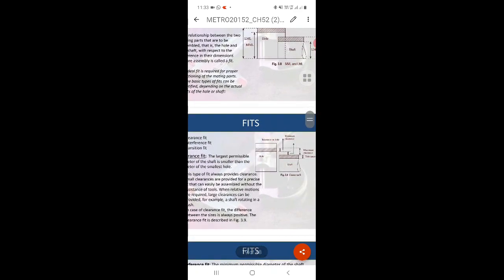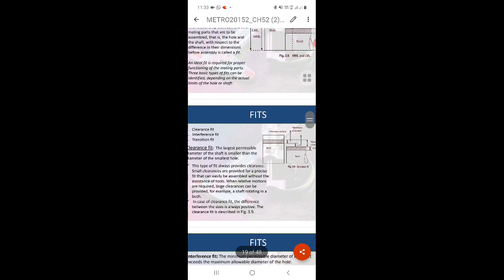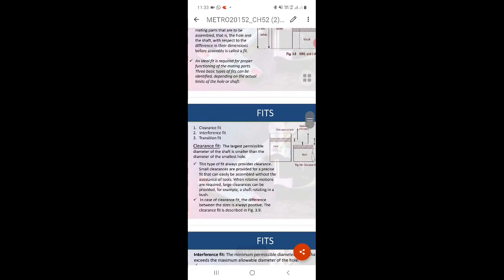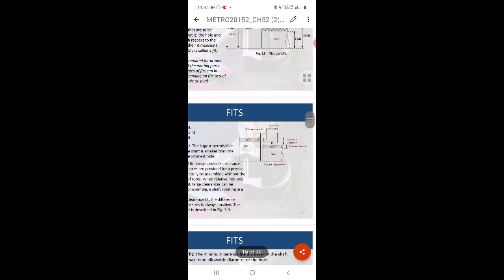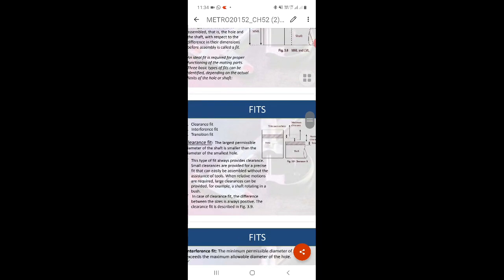The figure shows a clearance fit. In a clearance fit, the largest permissible diameter of the shaft is smaller than the diameter of the smallest hole. Again I repeat, in a clearance fit, the diameter of the shaft is smaller than the diameter of the smallest hole. As shown in the figure, this type of fit provides clearance.